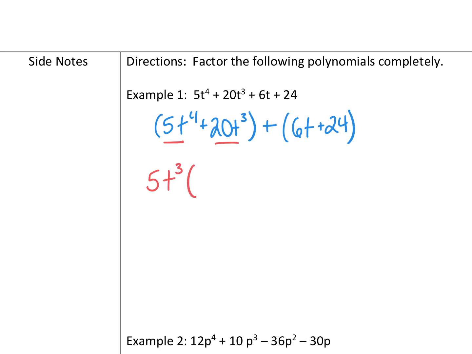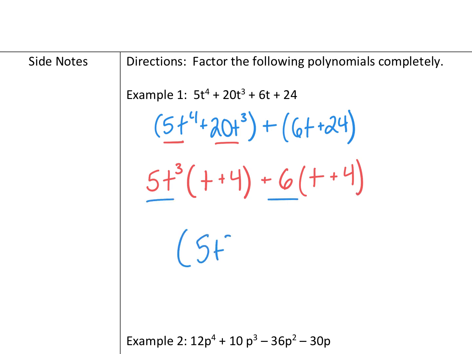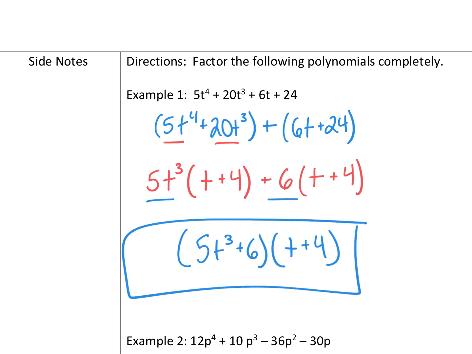When I take that out, I'm left with 1 t plus 4. Okay, 6t and 24, they both have 6. When I take that out, I'm left with t plus 4. My final answer is just outsides together, insides one time. There we have it.